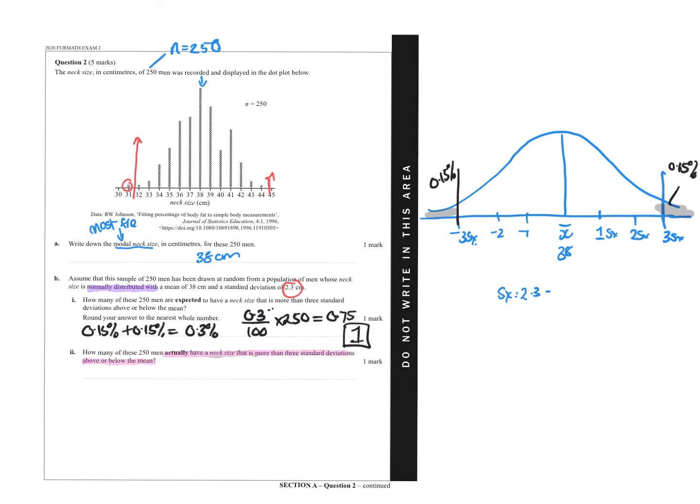So we probably need to know what neck size is 3 standard deviations above and below. So every time you're adding 2.3, add another 2.3, add another 2.3. So if to 38 you add that, you'd be adding another 6.9.